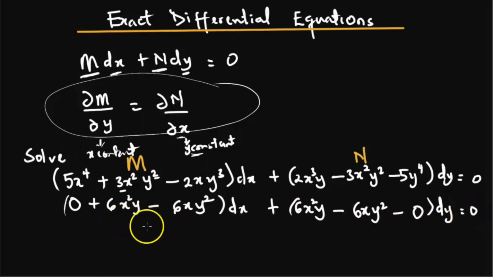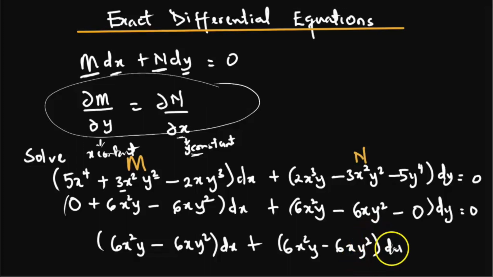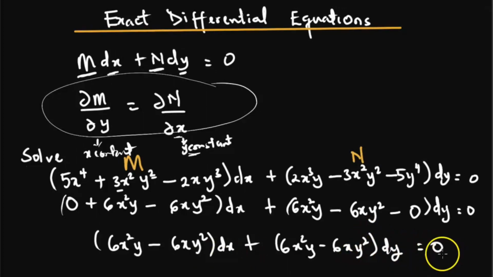So what do we have? We have (6x^2y - 6xy^2) dx plus (6x^2y - 6xy^2) dy equals 0.